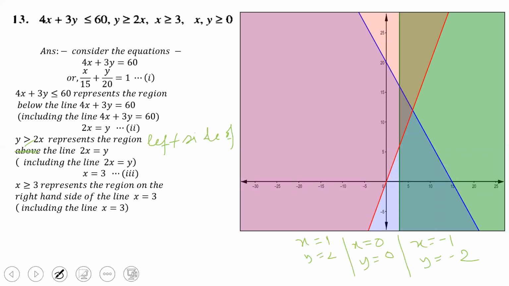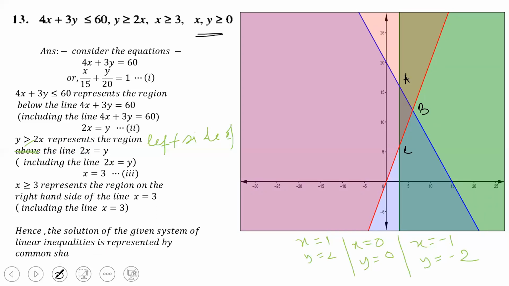This triangle you can find here. You can name it A, B, C. So this triangle is the common shaded portion of the given inequalities. Since we need to find it in the first coordinate, just write down that the common shaded portion is the solution for this given system of linear inequalities.